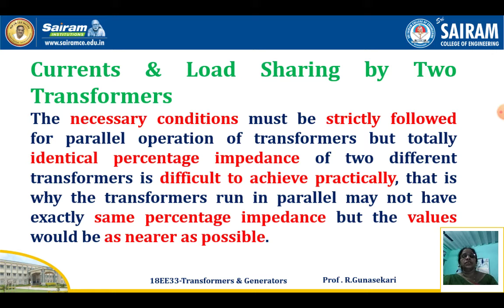How can we calculate the impedance of a transformer? By conducting a short circuit test. Both transformers are subjected to a short circuit test and you can find the impedance. But the impedance is not the same for both transformers, so the values of percentage impedance should be as near as possible.